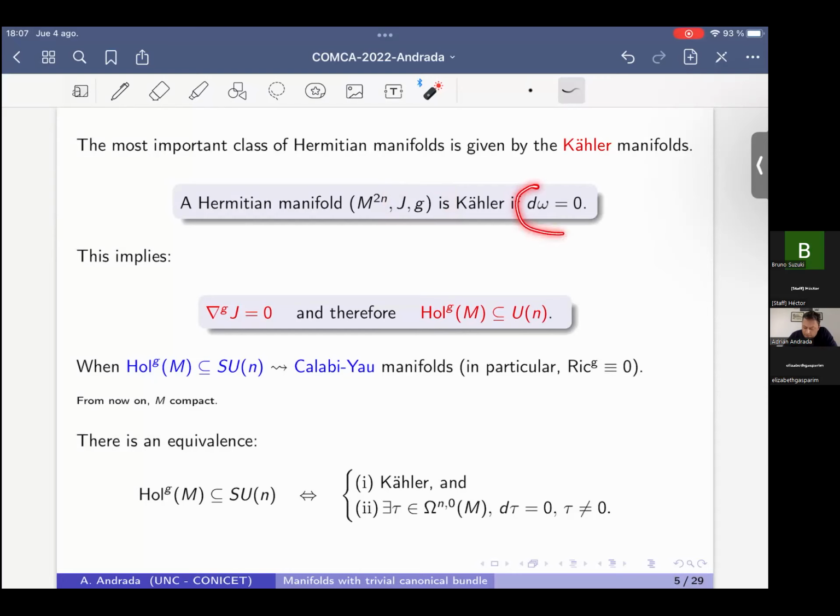In particular, when we have that, it can be proved that the complex structure is parallel with respect to the Levi-Civita connection of the Riemannian metric. And when we have this structure which is parallel, this induces a reduction of the holonomy, and therefore it can be seen that the Riemannian holonomy of M is contained in U(n), where 2n is the real dimension of the manifold.